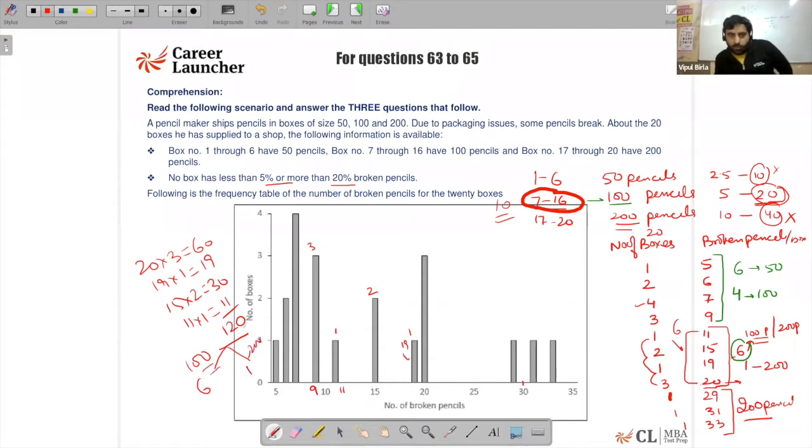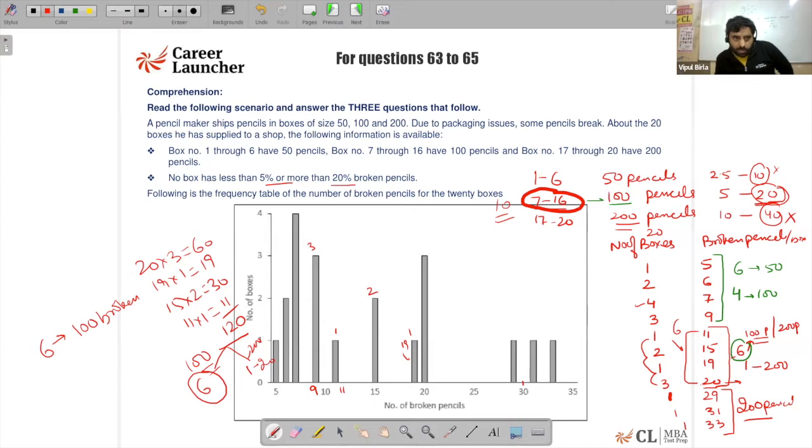So therefore, the minimum number of pencils in these 6 bags will be when this 1 bag has 20 pencils. If I subtract that 20, these 6 boxes with 100 pencils will have a minimum of 100 broken pencils, or more than that, basically, right?